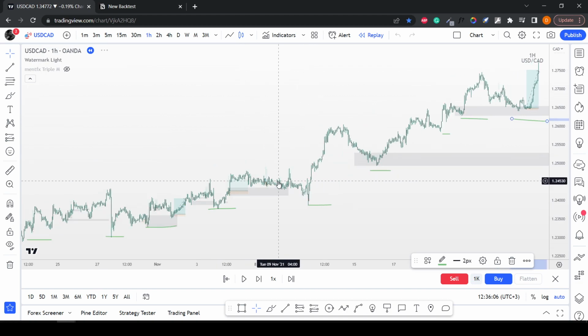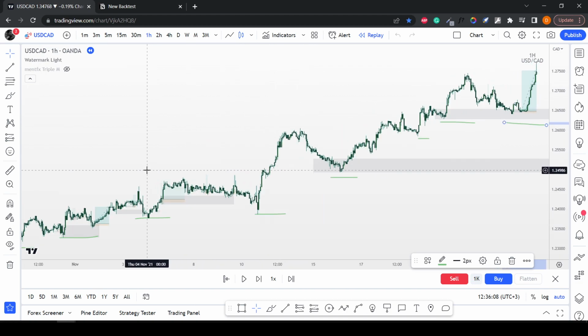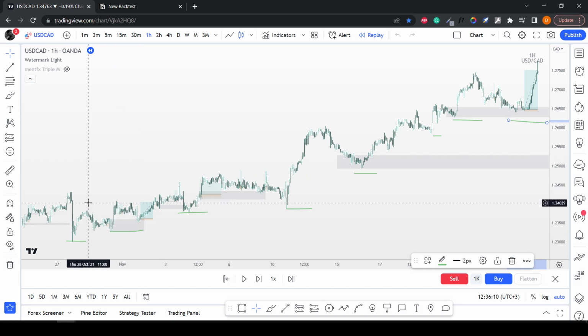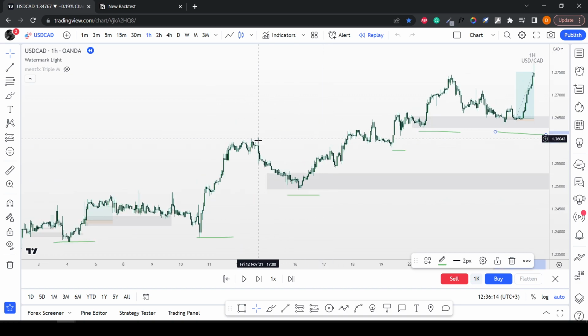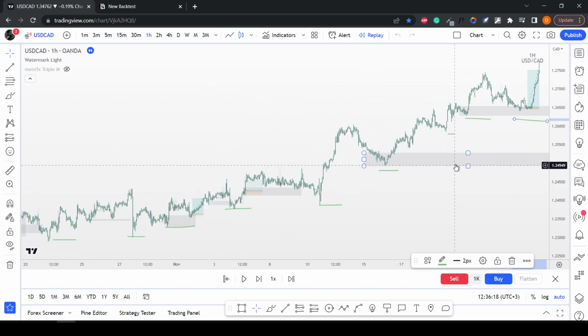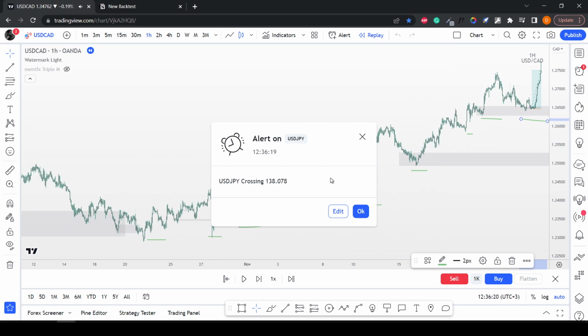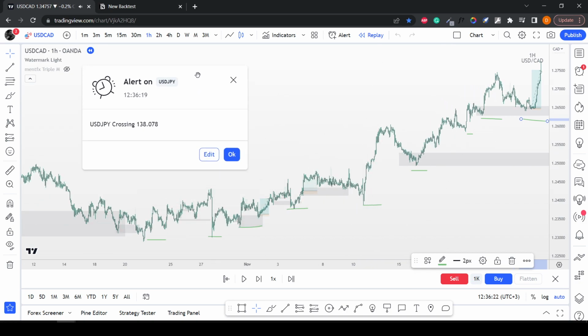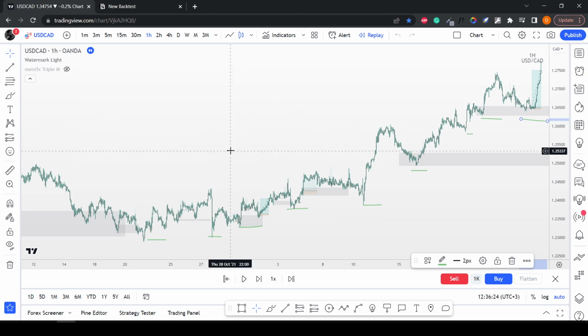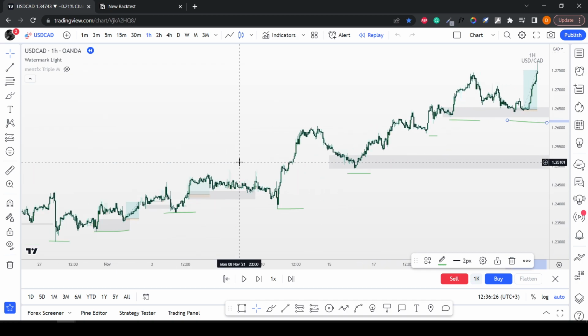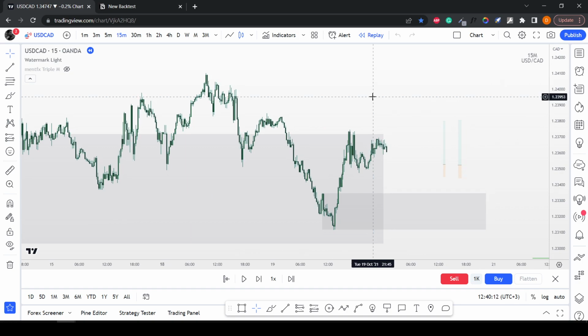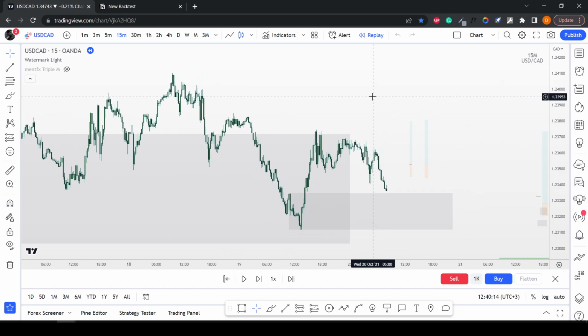Based on 1 hour and 15 minutes, maybe something here, but it's so messy. Here, again, as you see, no volume. So I don't see anything too good for the shorts.